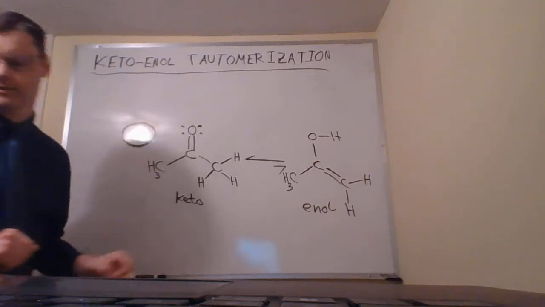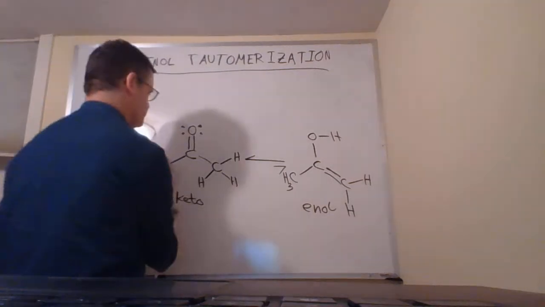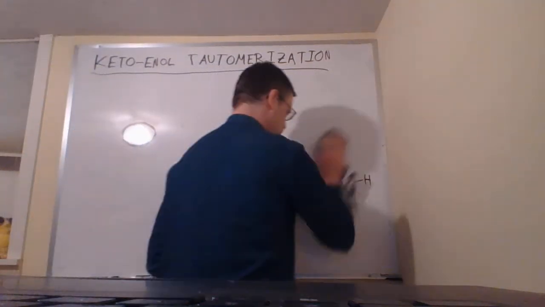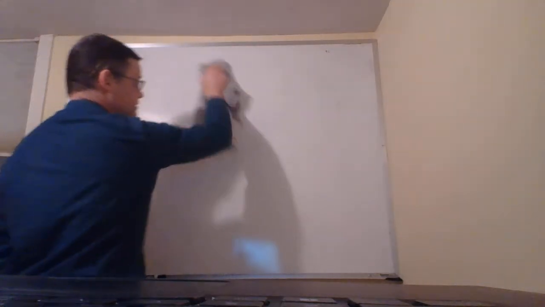So let's look at the mechanism of how we can get from the keto form to the enol form. And I'm going to do first the acid-catalyzed mechanism, and then we'll also look at the base-catalyzed mechanism.